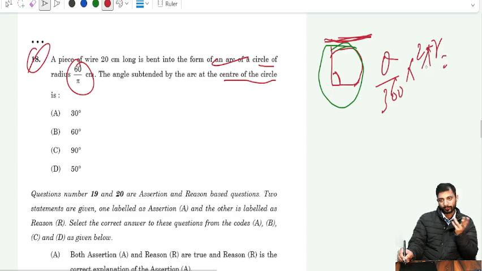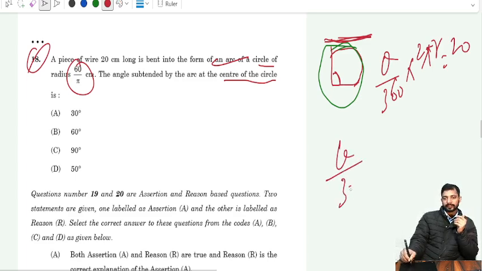Yes, obviously, because 2 pi r is the perimeter of the whole circle, but here it makes a theta degree angle. Now the length of the wire is equal to 20 centimeters. So this gives you 20. Now substitute the values of pi and r. It gives you the value of theta. Theta upon 360.